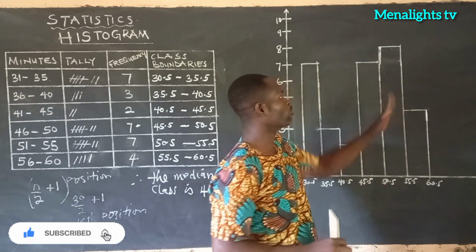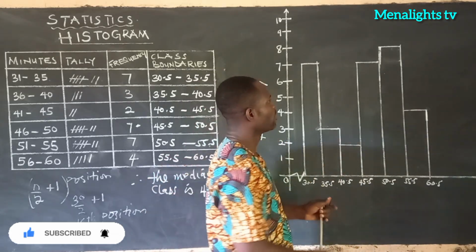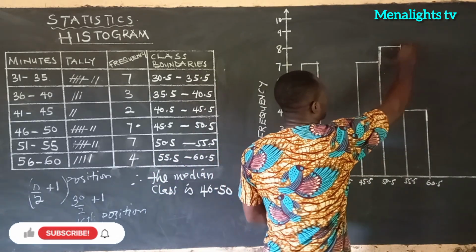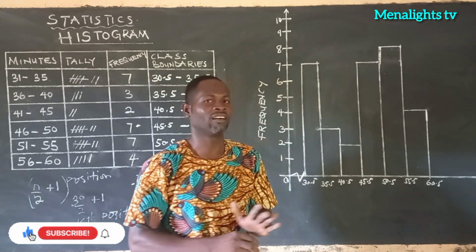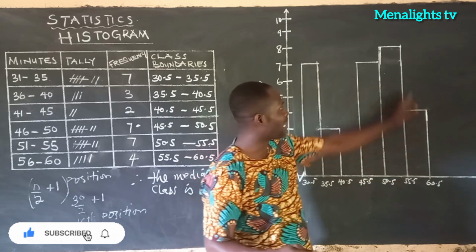So we have extended it to 8. Now for us to estimate the mode, first we locate the tallest bar on the histogram. So our tallest bar is this one.